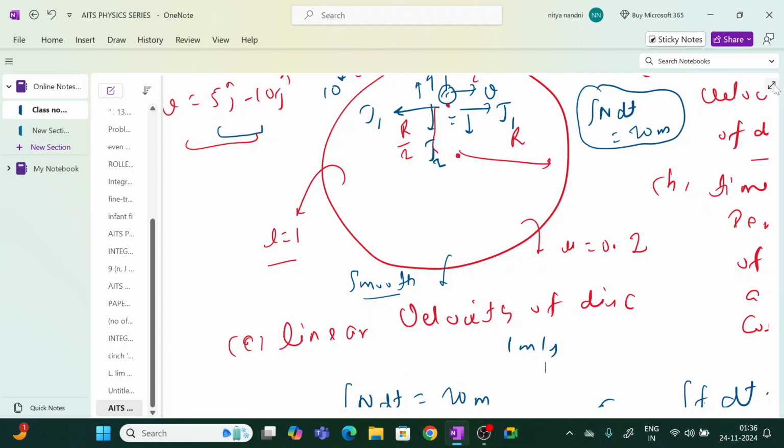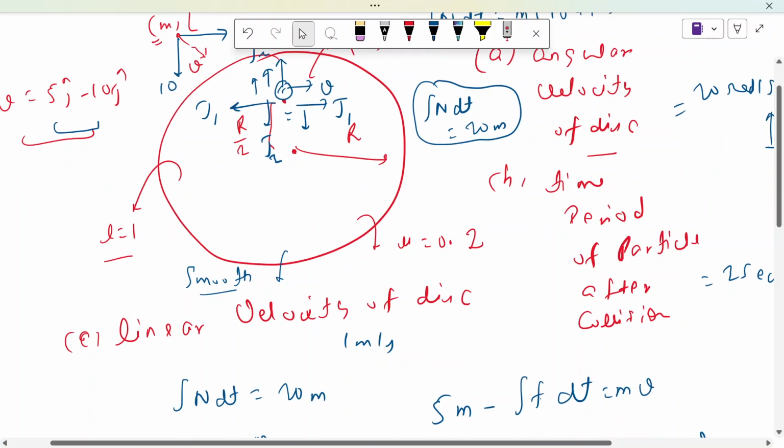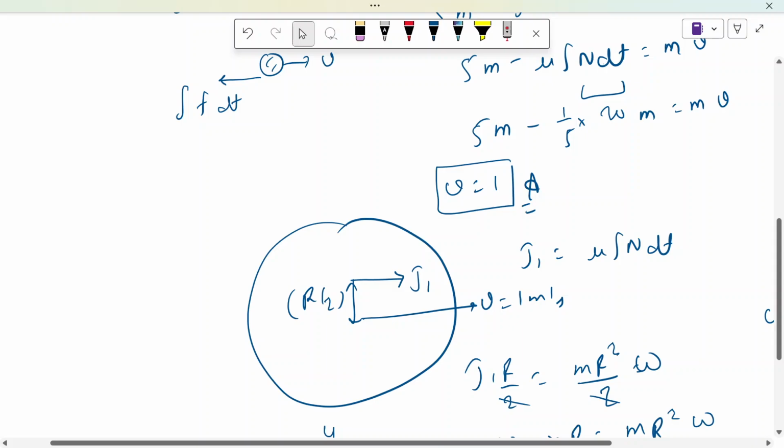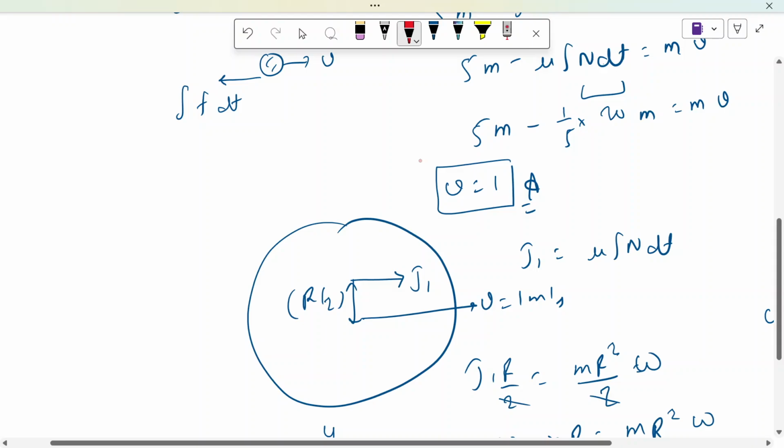There are two things which we can calculate even. We have to calculate the velocity of the disk. It is not 1 meter per second to be precise. 1 meter per second is the velocity of the particle which is colliding, not this one. So for the calculation of this velocity, let's call it v prime.